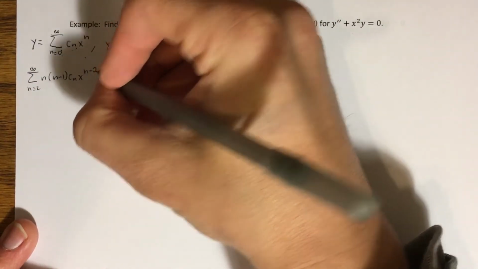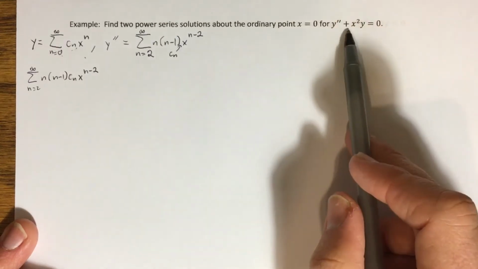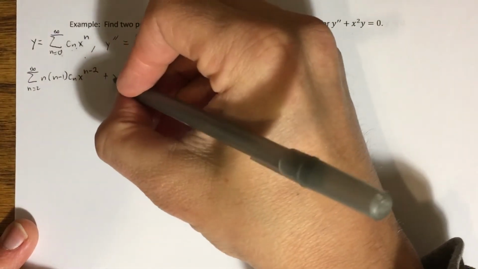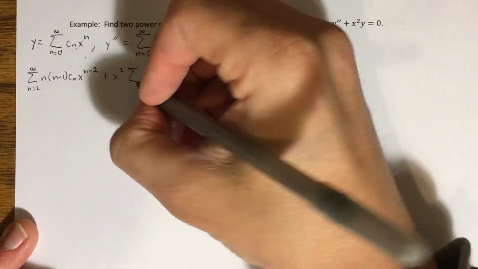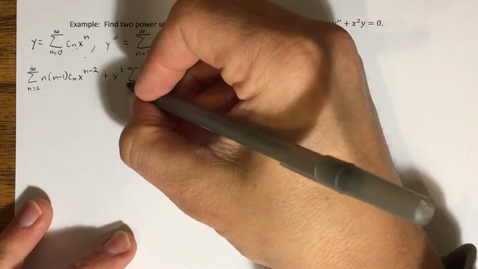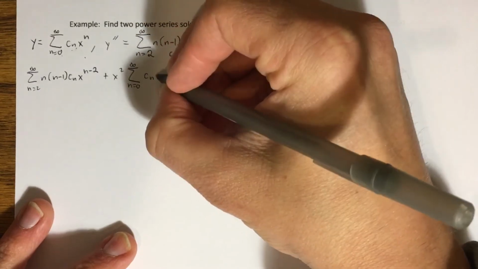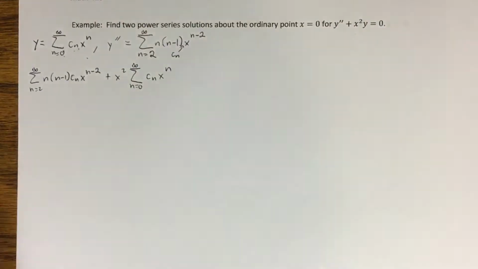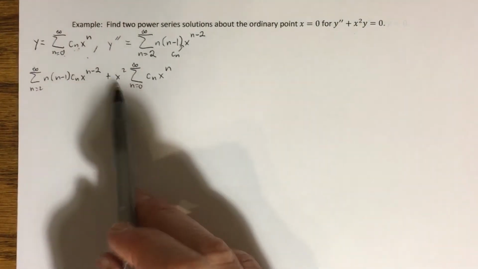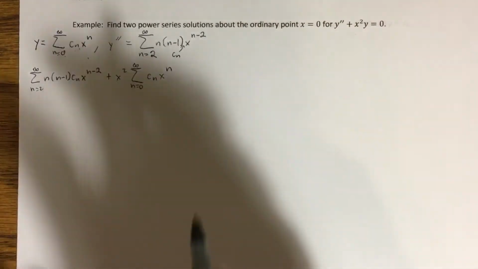Cn x to the n minus 2 plus x squared times y, which is the original power series, sum from n equals 0 to infinity, Cn x to the n. This is equal to 0, but we'll set that equal to 0 at the very end.